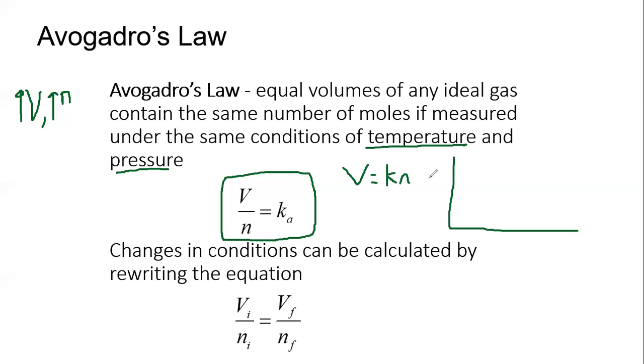So we plot volume versus moles. So there's a direct relationship between the volume and the moles. And like Charles's law, the equation to calculate the final moles or final volume when you change one of the properties is shown here. So again, Avogadro's law relates amount to volume.